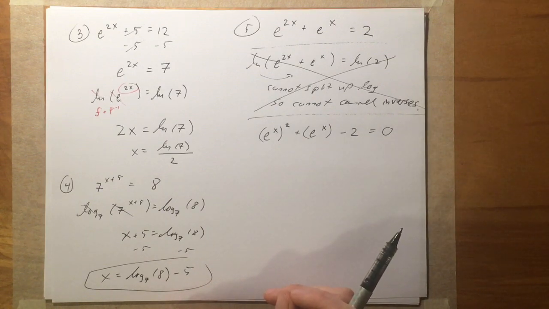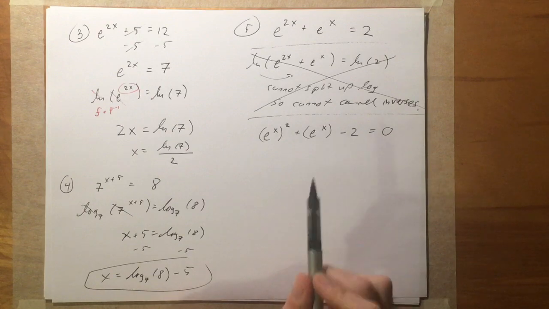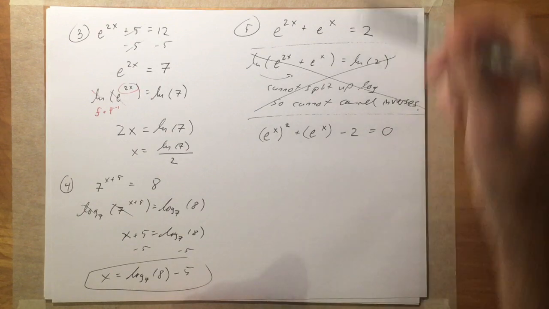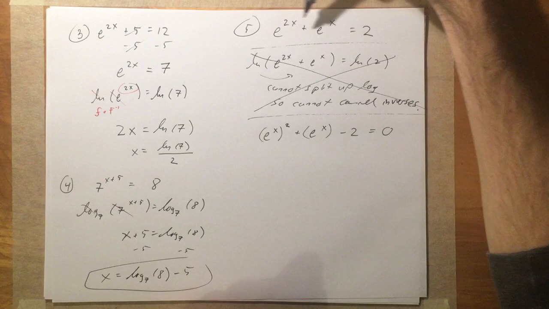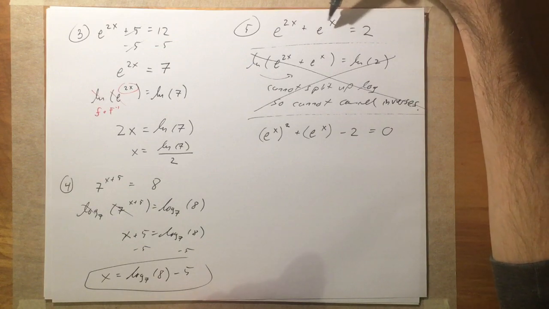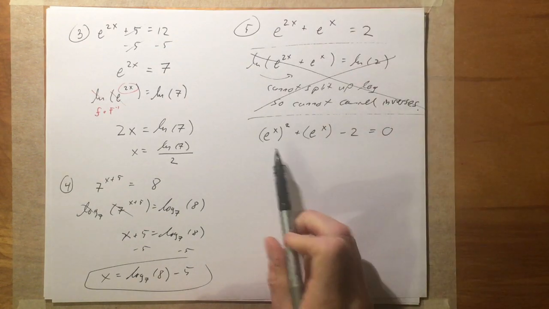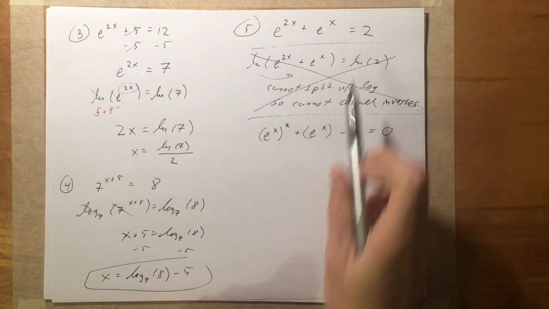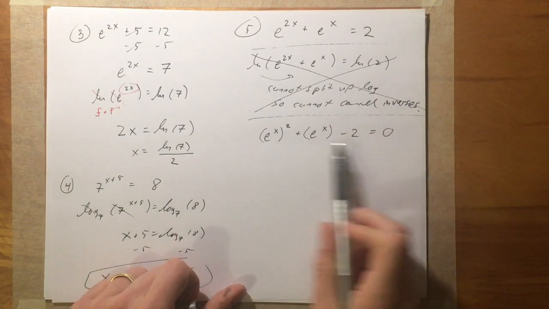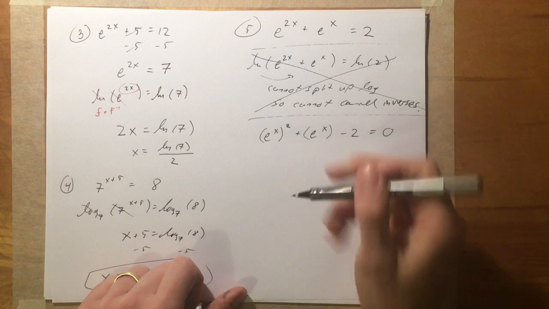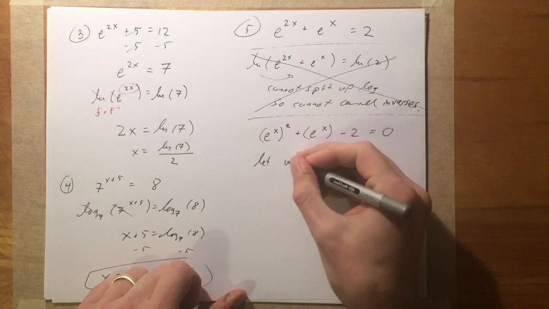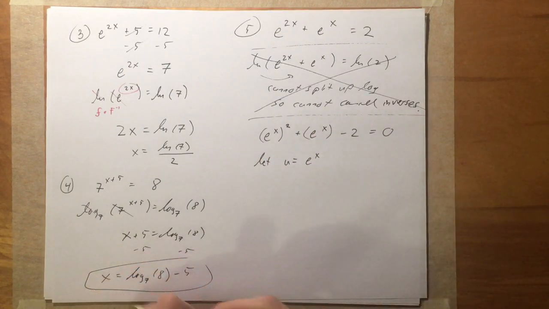Do you recognize what's going on here? That's right. This is in quadratic form. Since this was e to the 2x, and this was e to the 1x, this is e to the x squared, and this was e to the x to the power 1, and then we have a constant term. This is basically a quadratic equation, but with u equals e to the x.